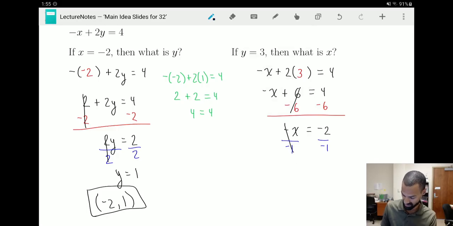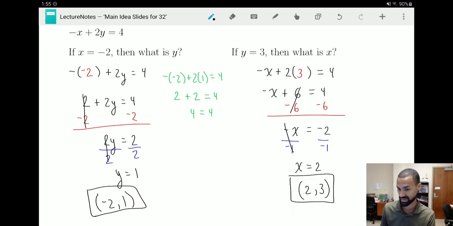And that will give me x equals positive 2. So if y is 3, x is positive 2. So that's the ordered pair. Remember, x comes first. X comma y, 2 comma 3. So an ordered pair, when it comes to equations, is the pair of numbers that when you plug them in for x and y will give you a true equation.